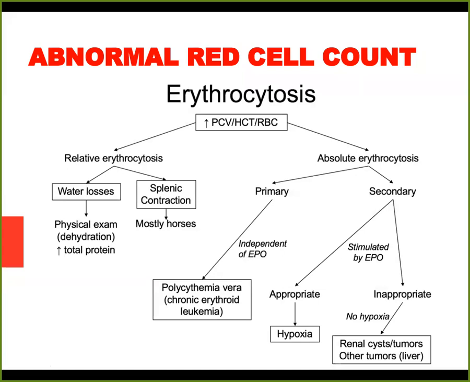Absolute erythrocytosis is usually a result of some pathological situations, like for example diseases in the kidneys or tumor diseases, which may lead to erythrocytosis, or chronic hypoxia, or problems with bone marrow, oncological diseases in bone marrow may lead to polycythemia.